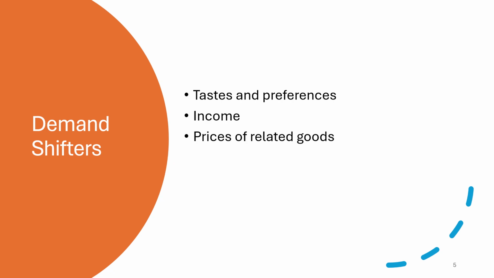We also worry about the prices of related goods because goods can be complements, things that go together, or substitutes, things where you would use one or the other, but not both of a pair of goods.